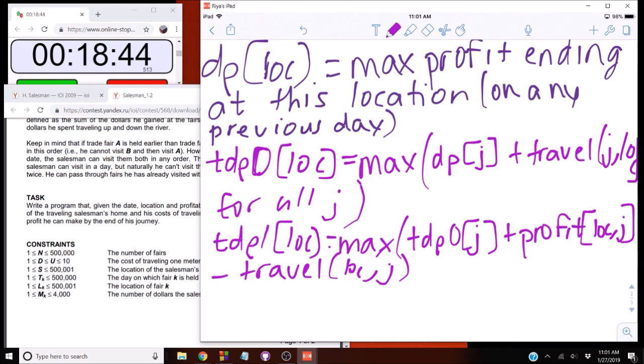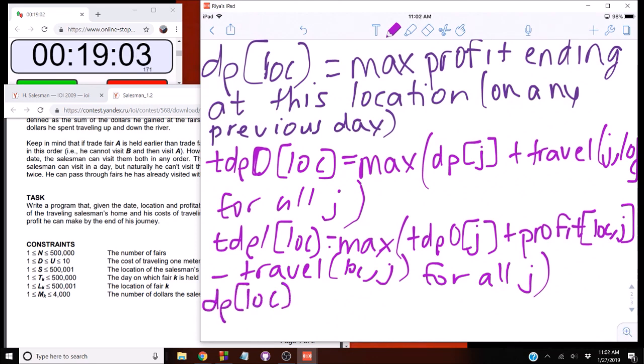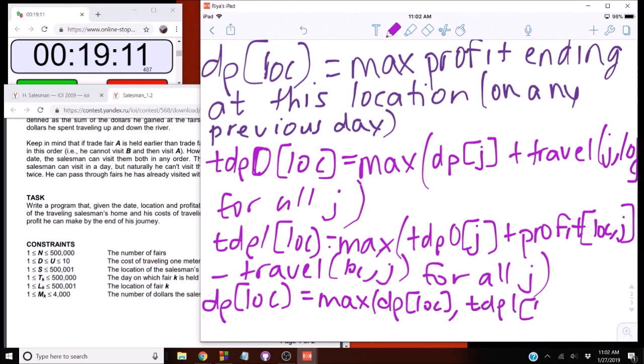And anything else? I think that's it. Oh yeah, for all j. Okay, and then I suppose DP[lock] equals max of whatever it currently is and TDP1[lock].